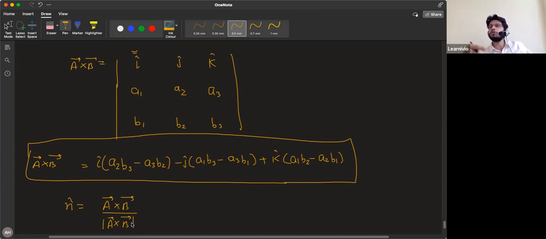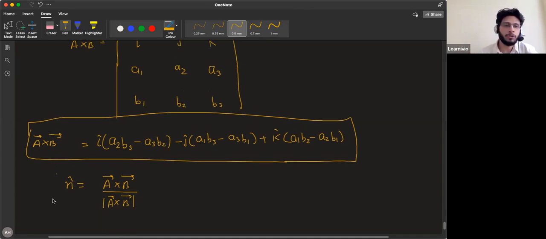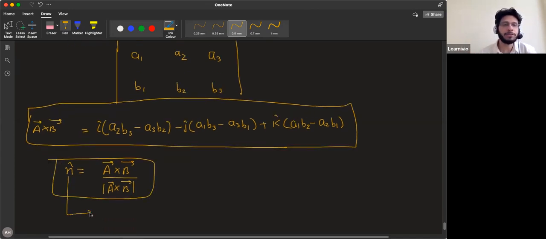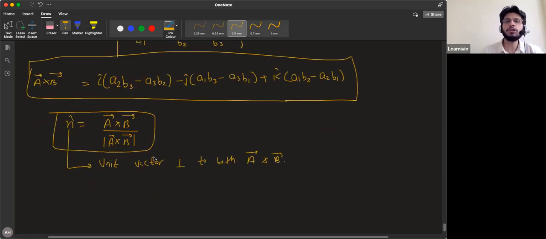A cross B is perpendicular to both A and B. So this n cap is a unit vector perpendicular to both vector A and vector B. Sometimes they give you a vector A and a vector B and ask which vector is perpendicular to both. The vector perpendicular to both A and B is A cross B by mod of A cross B.